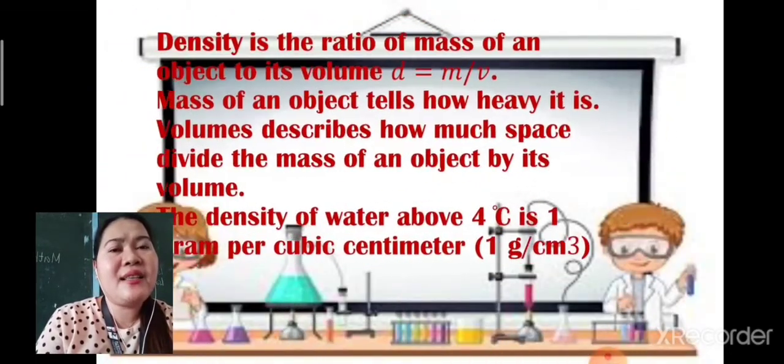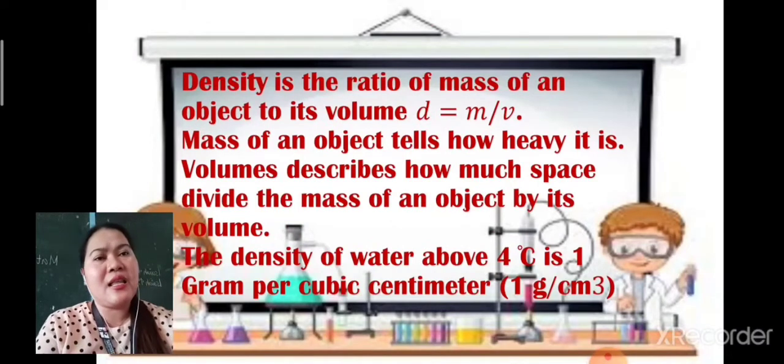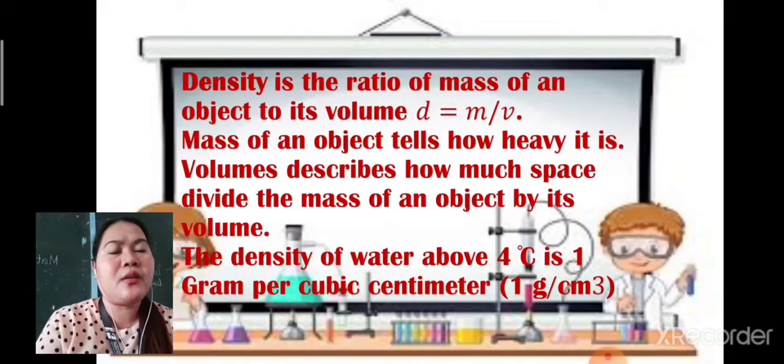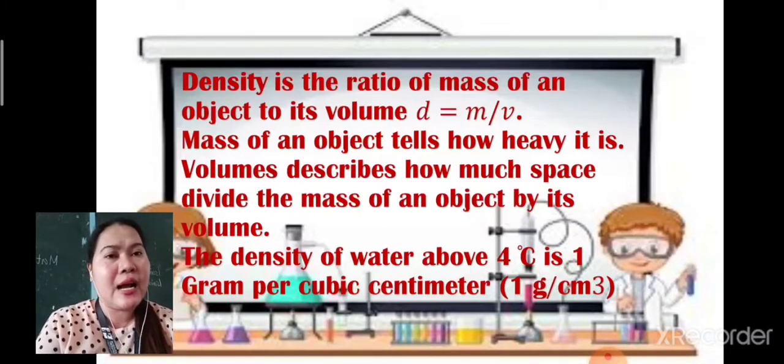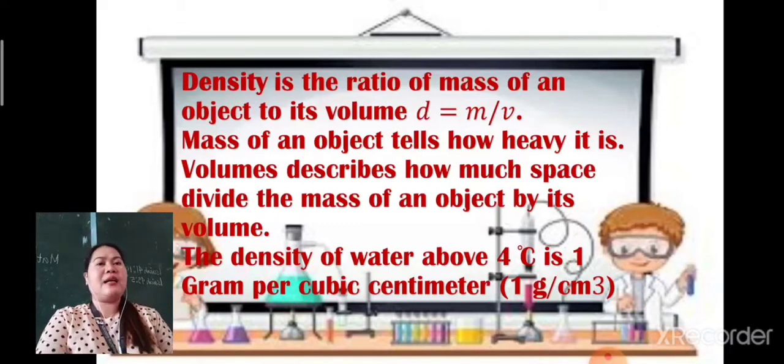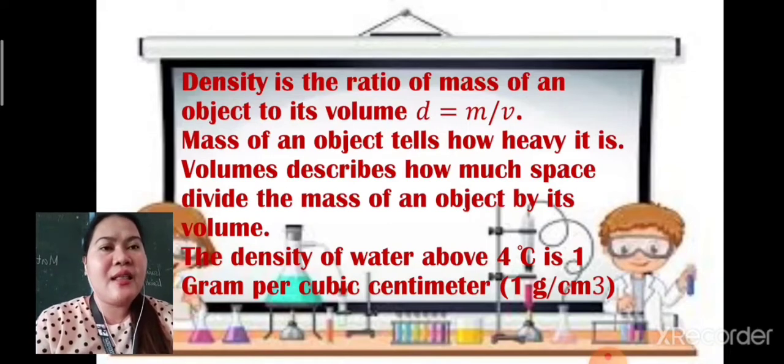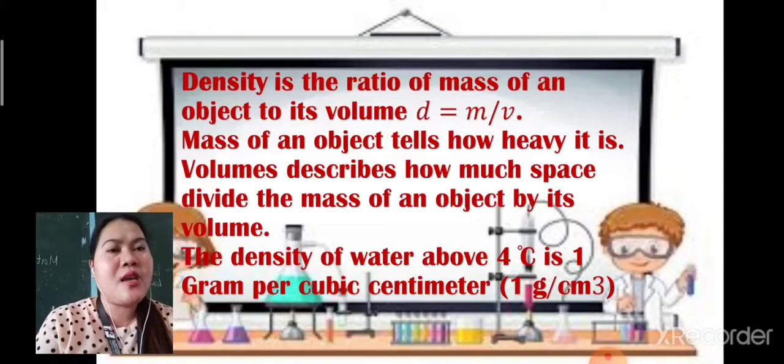What is density? Density is the ratio of the mass of an object to its volume. It means ang density amo ina siyang ga-measure sang mass sang kada volume. So may formula kita sang density. That is D equals M over V. Ang D amoy na siya ang density, ang M amoy na siya ang mass, then ang V amoy na siya ang volume.